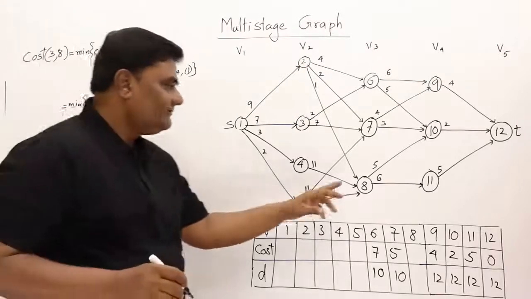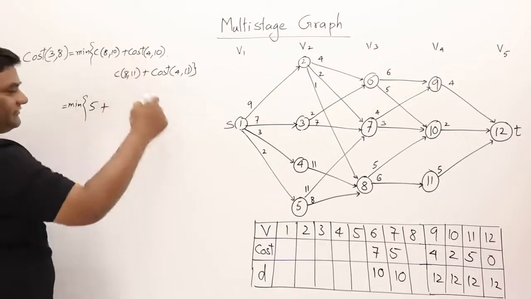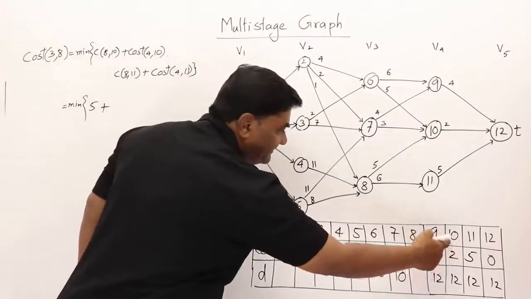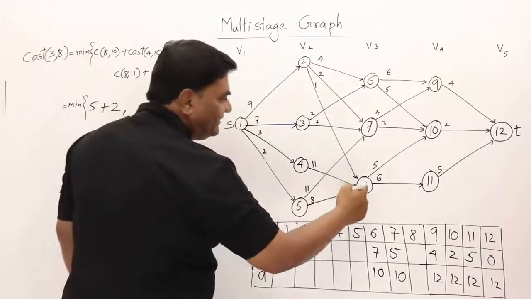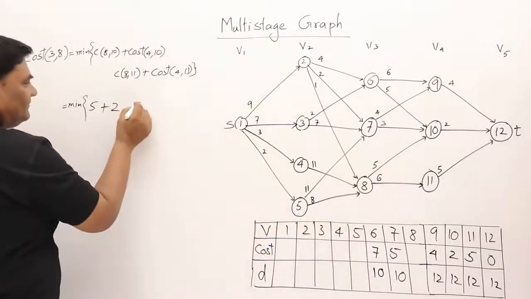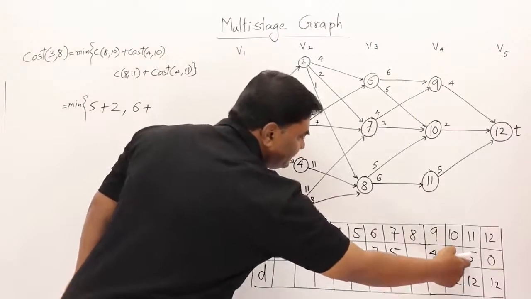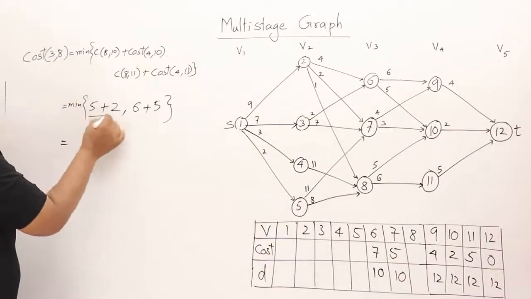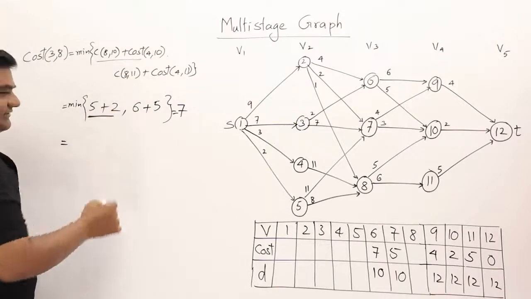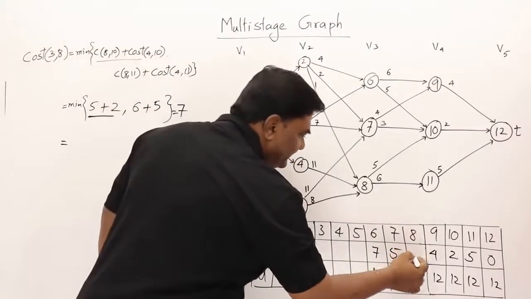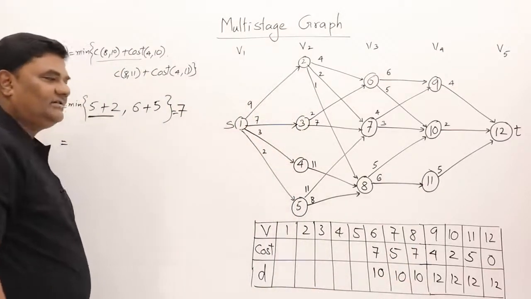Cost of 8 to 10, 5 plus cost of vertex 10, 2, comma, cost of edge 8 to 11, 6 plus cost of vertex 11, which is 5. Minimum is 7. Who has given this 7? Vertex 10 has given this 7. So here it is 7 and the vertex that has given that result is 10 only.